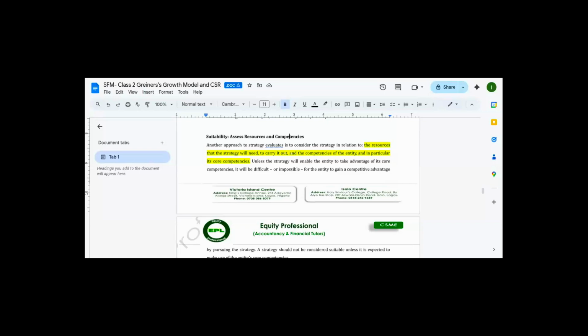So some companies follow what other competitors are doing in formulating strategy, but they don't look at the resources in terms of the manpower, machine, money, methodology, time, information, and all other resources. In addition, they fail to look at their limit of competency. That is what we call bounded rationality.